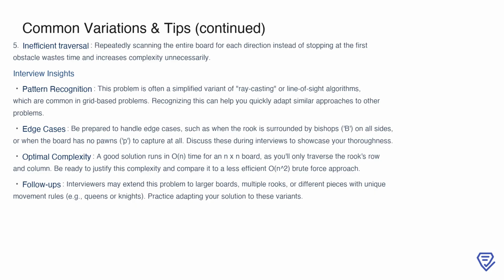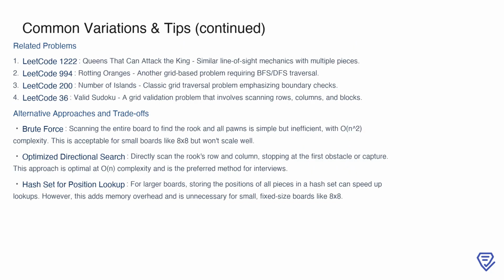Finally, anticipate follow-up questions where the problem might be extended to larger boards, multiple rooks, or pieces with different movement rules, such as queens or knights. Practicing these variations will help you adapt quickly during interviews. This problem is also closely related to other grid-based problems you might encounter. For example, LeetCode 1222, Queens That Can Attack the King, involves similar line-of-sight mechanics but with multiple pieces.